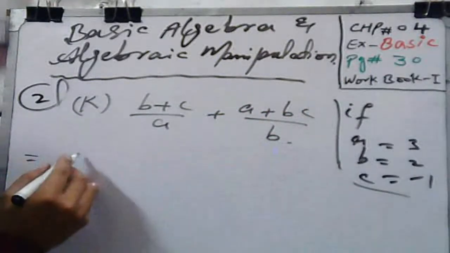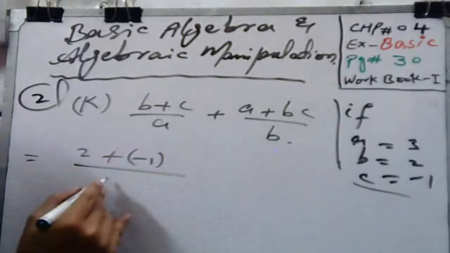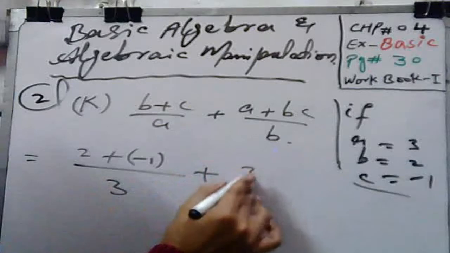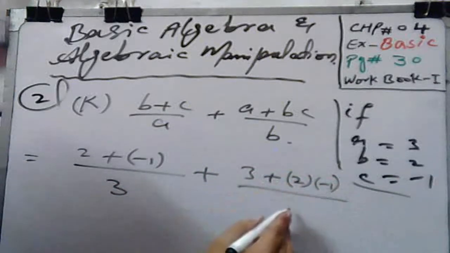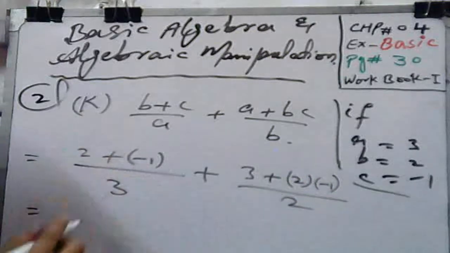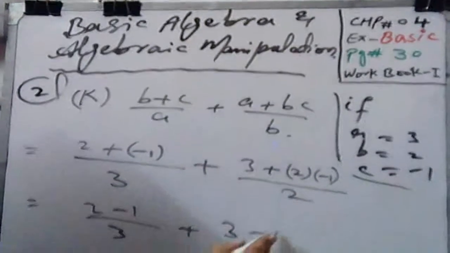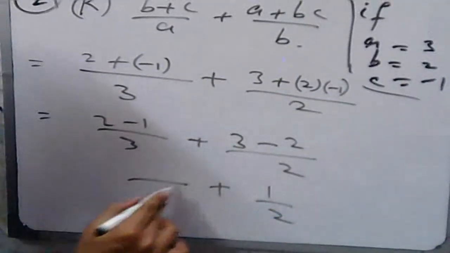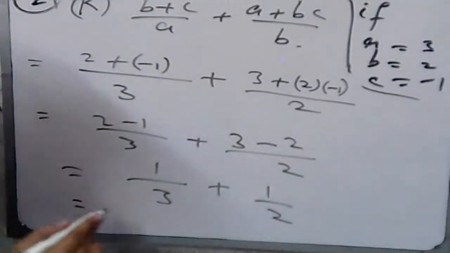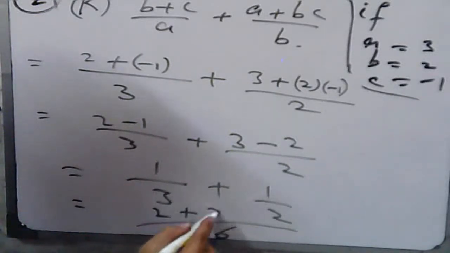Similarly, 3 plus b 2 into c -1 and the value of b is 2. So be careful, that is 2 minus 1 divided by 3, 3 minus 2 divided by 2. So 1 by 2 and 1 by 3. So the LCM is 6, so you will get 2 plus 3. 5 by 6 is your required result.